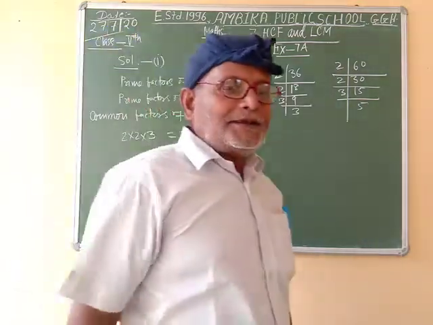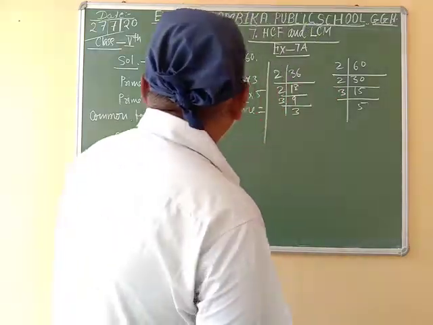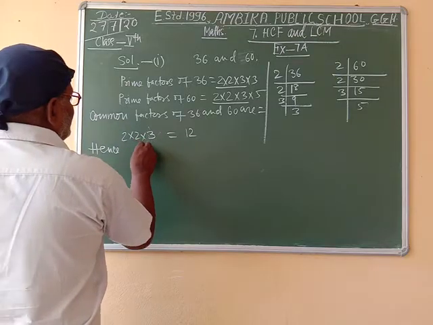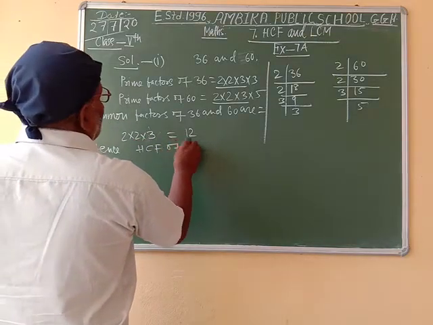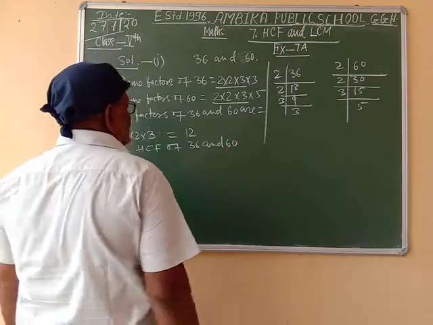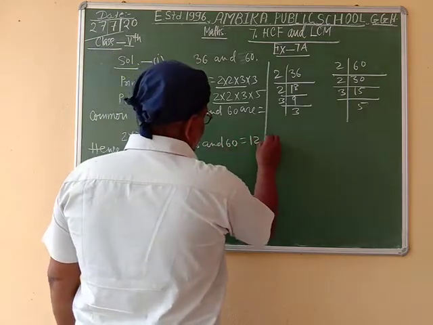Hence the HCF of 36 and 60 is equal to 12. Answer.